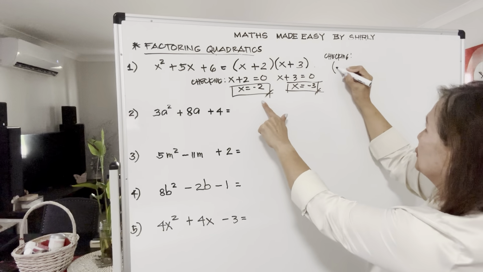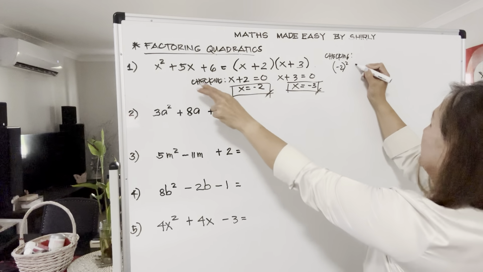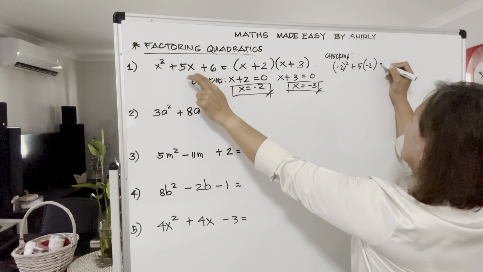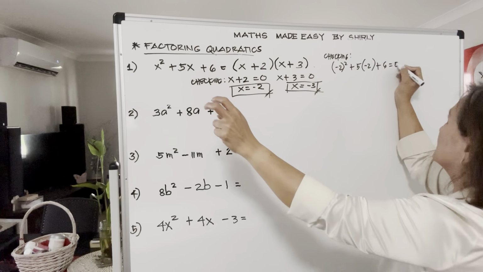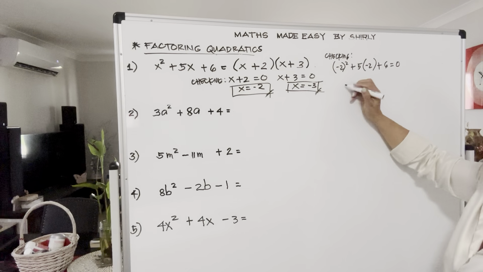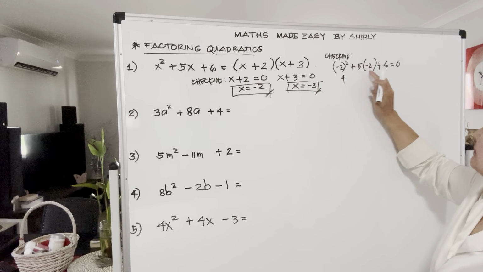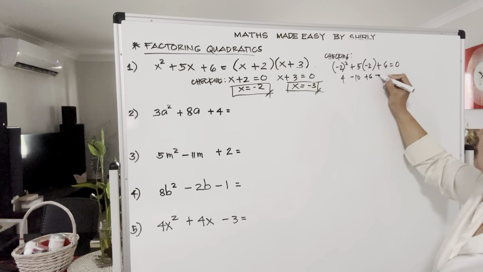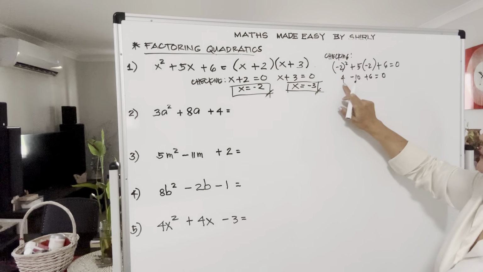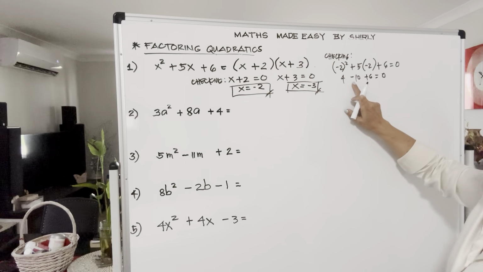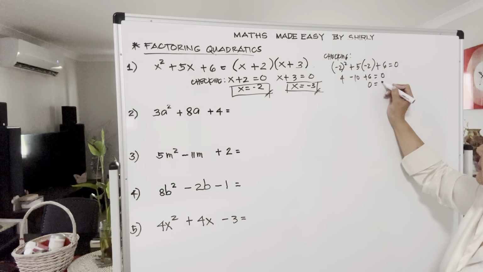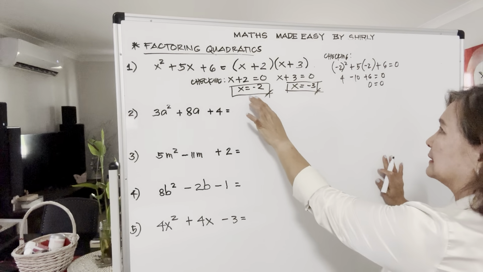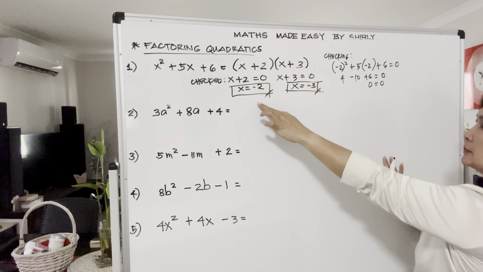Substituting negative 2: negative 2 squared plus 5 times negative 2 plus 6 equals 0. Negative 2 squared is 4. 5 times negative 2 is negative 10, plus 6 equals 0. Combining, that is 10 minus 10 equals 0. 0 equals 0. So we have proven that the first value of x is correct.